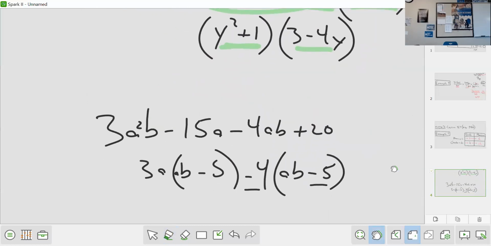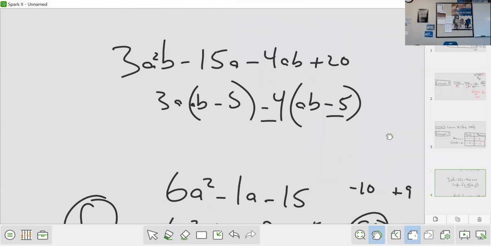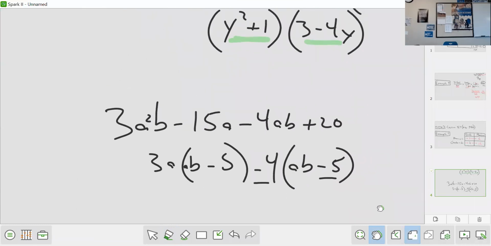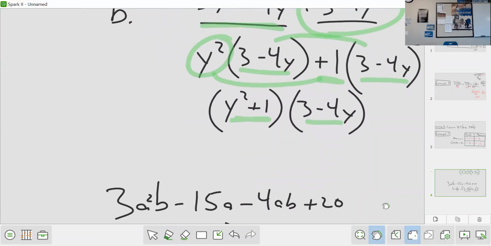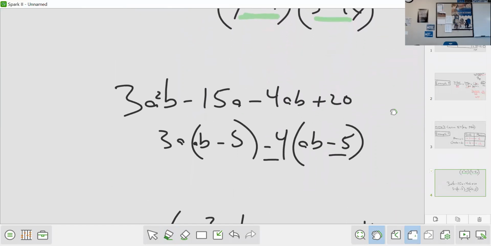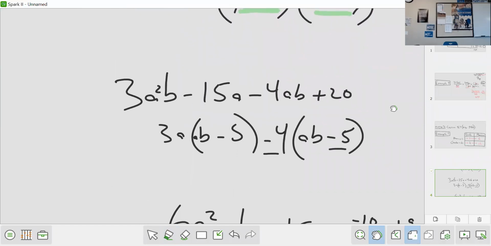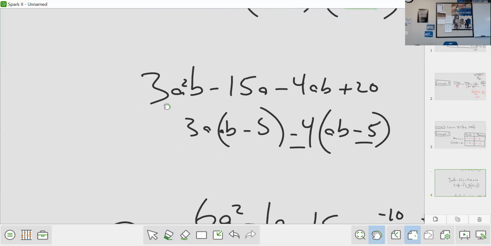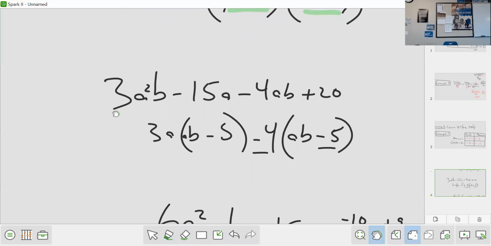He also wanted me to help him with the next problem. Okay. I can't remember which practice problem this was, but he wanted me to help with this one. And again, I think we rearranged something.